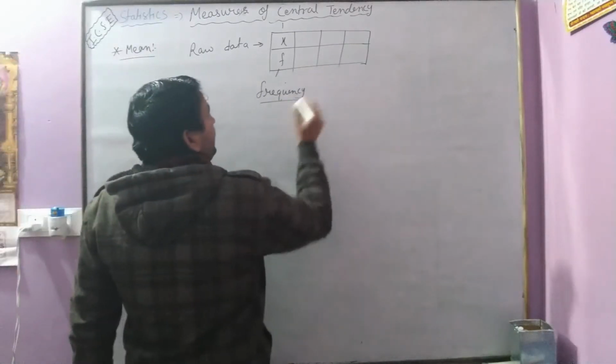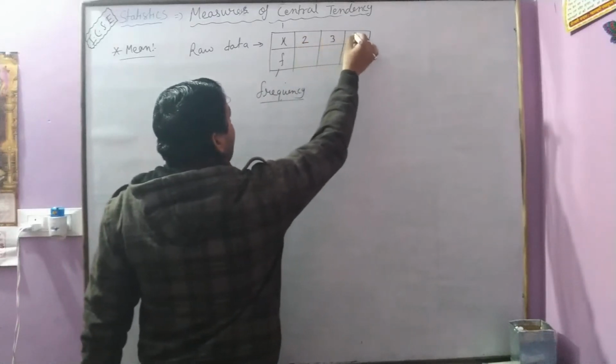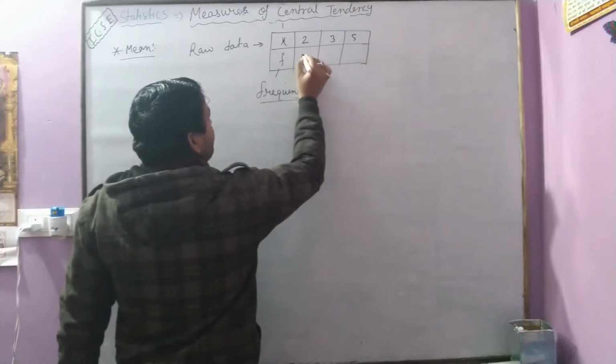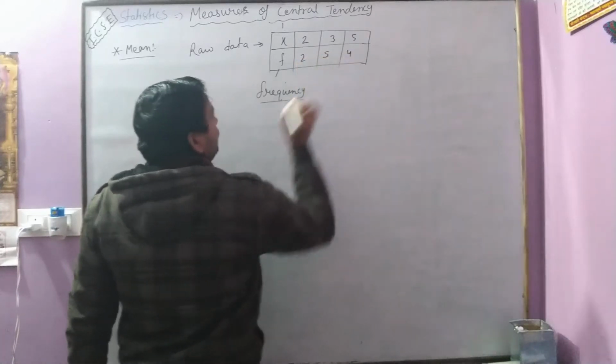Suppose data is 2, 3 and 5 and their frequencies are 2, 5 and 4.